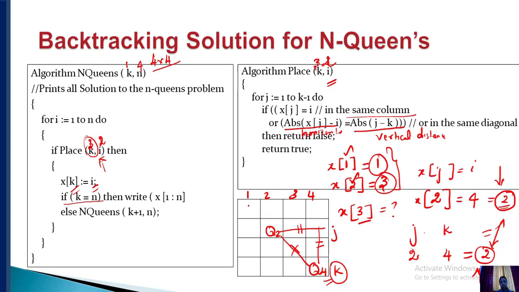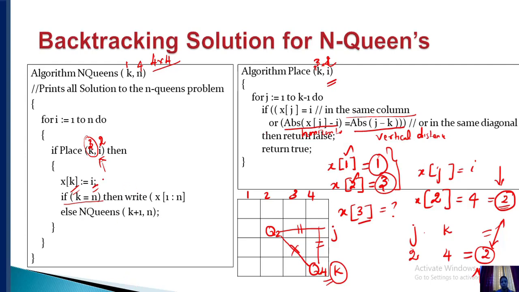So we have to find the positions for all the queens. If it is a 4x4 chessboard, we have to check it for all 4 queens at the proper place, and after finding it, we will print the solution. Otherwise, we make a recursive call for the next queen.